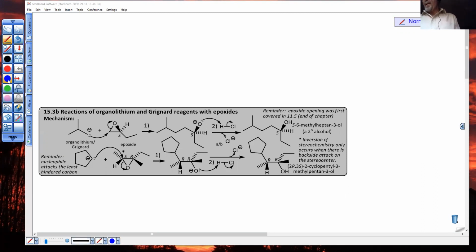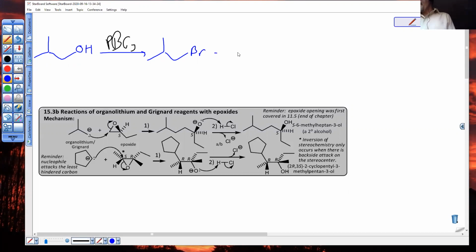If we start with this alcohol right here and treat it first with phosphorus tribromide, then we get this isobutyl bromide, which we can then react with lithium in hexane as a solvent and make our organolithium species here.